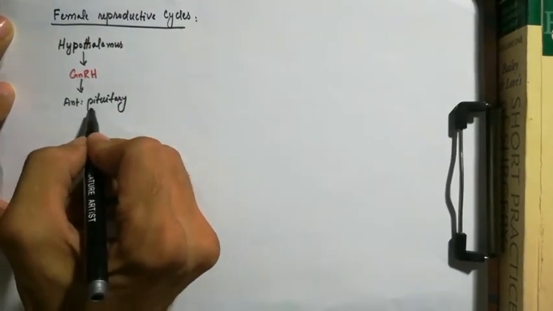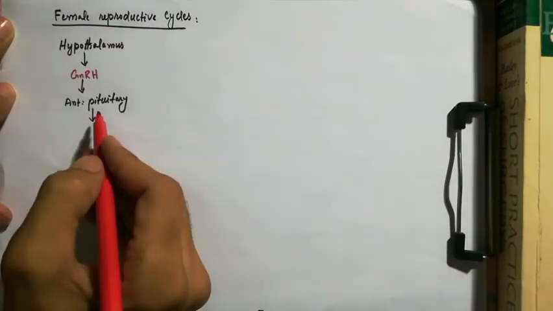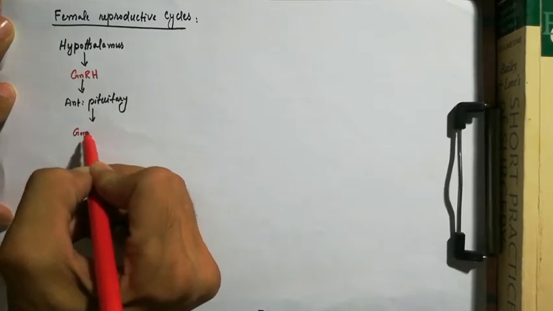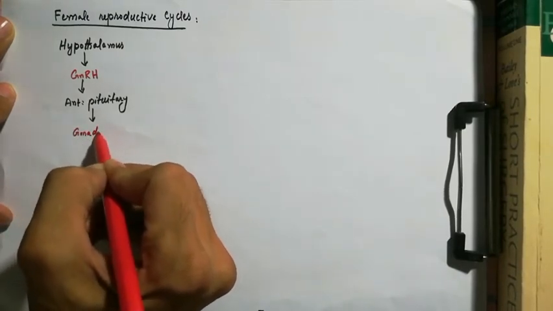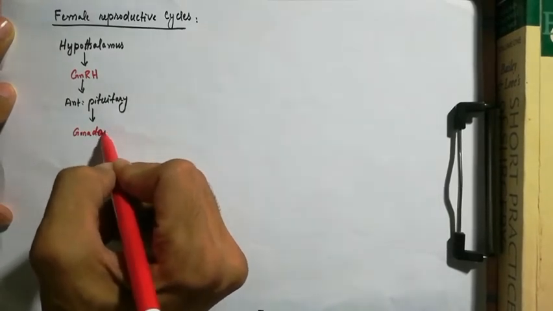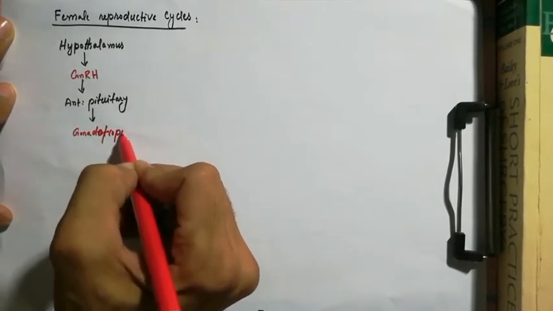and anterior pituitary gland secretes gonadotropins.